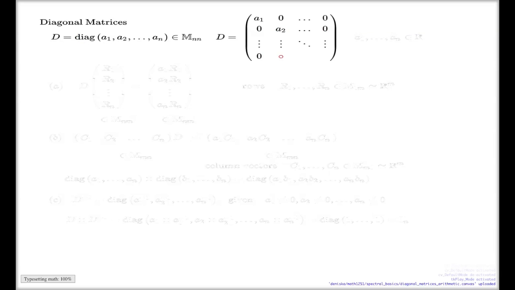For those of you who don't remember that, the conventional writing for this D matrix, which is given by this shorter notation, will be this conventional writing. It's a matrix which has zeros everywhere except the diagonal, and on the diagonal you have these little a values. So it's a square matrix like this.